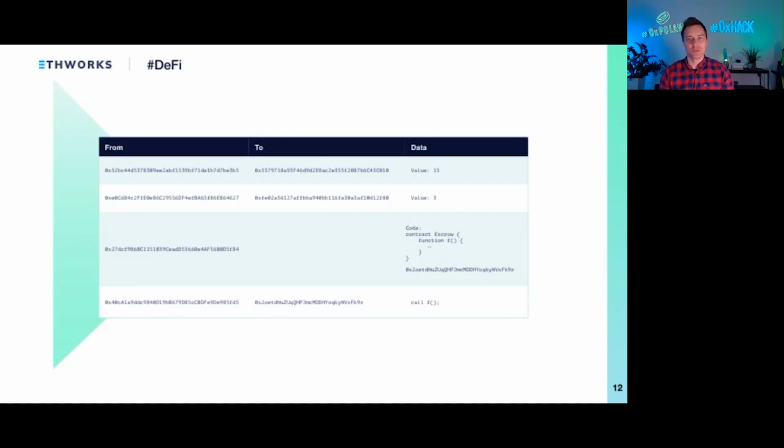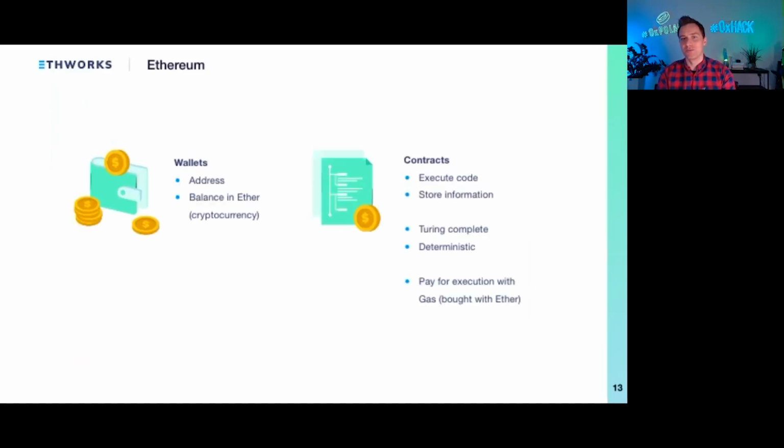So we can send a little bit of Ether to anyone, or we can just send a piece of code to the blockchain. This piece of code is going to be put there on the blockchain, and it's going to have its own address. So you're going to have a new kind of animal living in our blockchain jungle. So we have wallets, and as you might already know, or you will learn soon, wallets have an address.